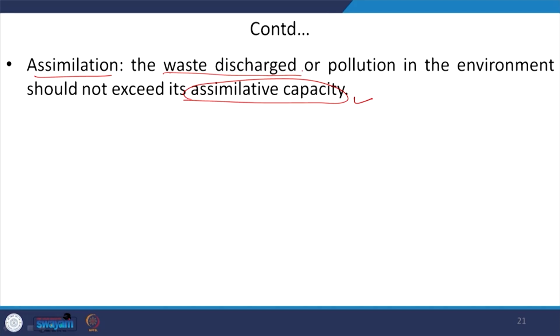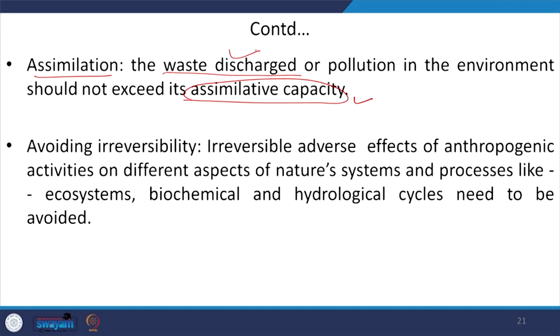If this total amount of waste is not exceeding the assimilative capacity of nature, then this environmental sustainability may happen.